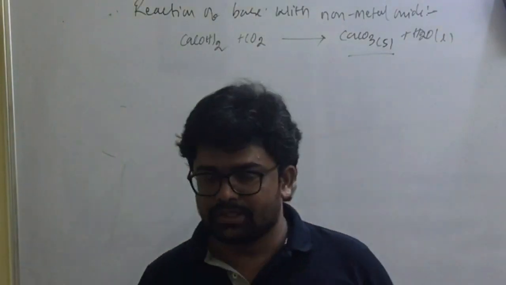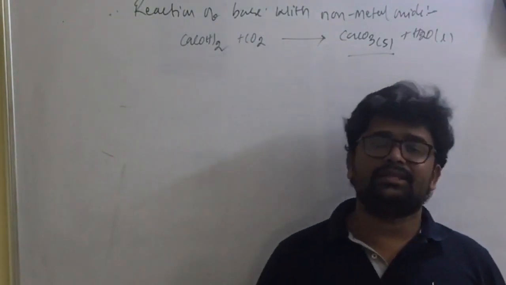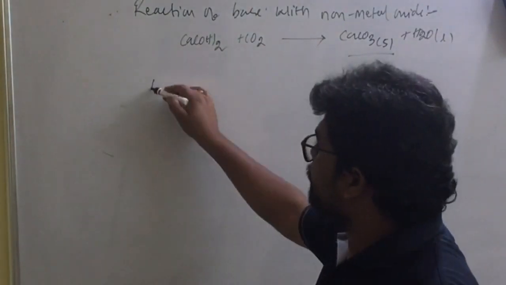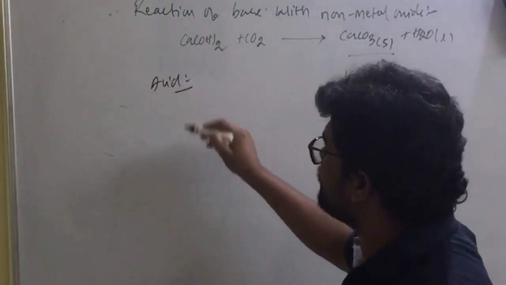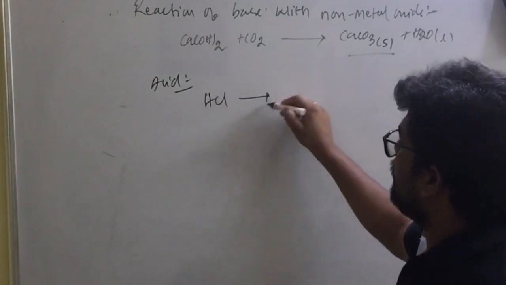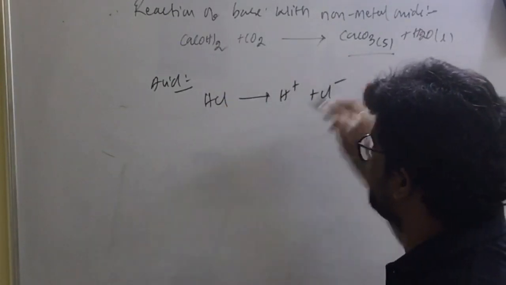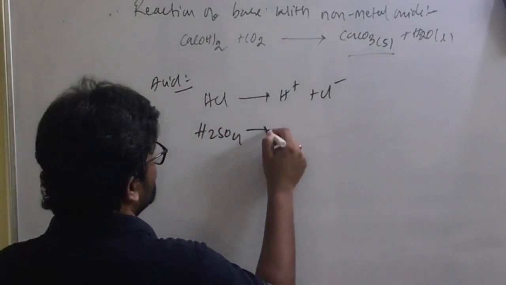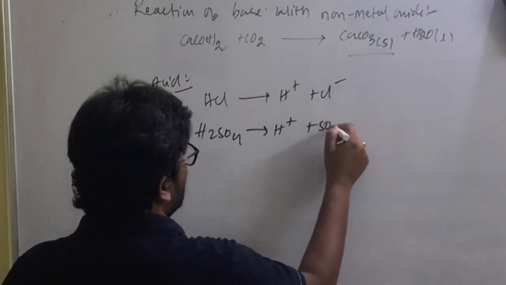We studied the chemical properties of acids and bases. Now, what do these acids and bases have in common? Let me put down some acids. An acid HCl dissociates into H+ and Cl-. H2SO4 dissociates into H+ and SO4 2-.